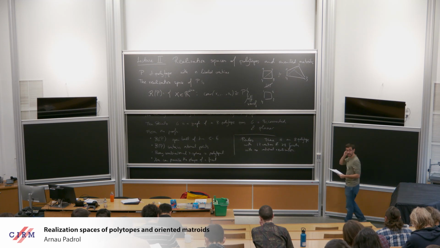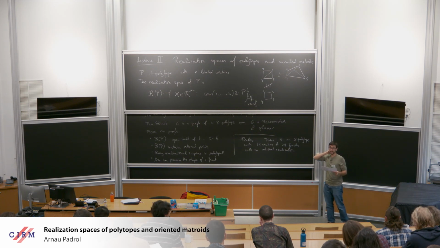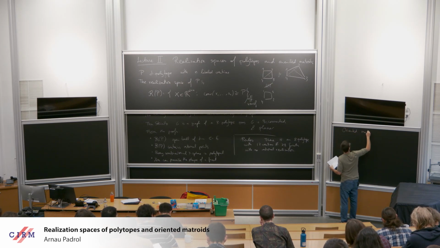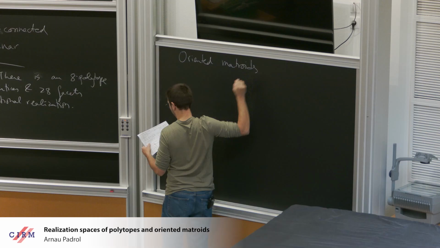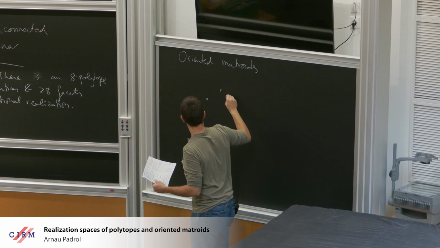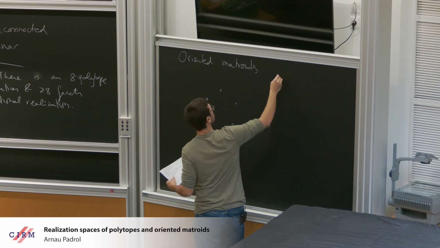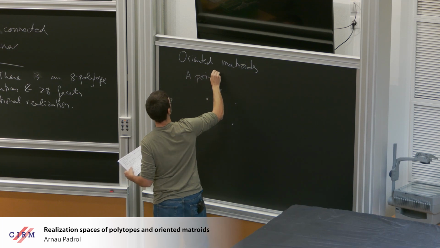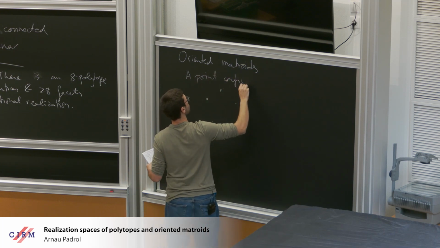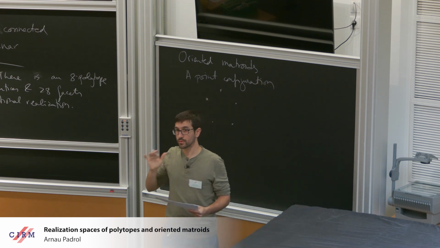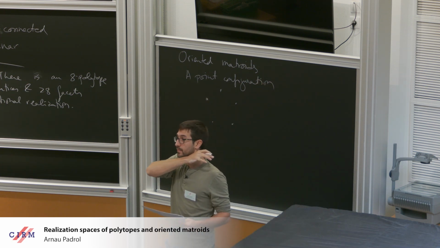And to show you that, I have to do a small parenthesis on oriented matroids. So imagine you have a point configuration A, okay? And I want to store some combinatorial data, which is the following.